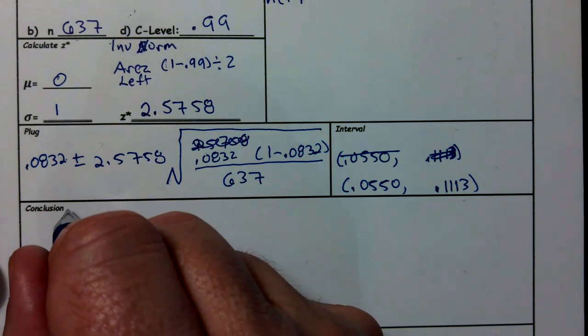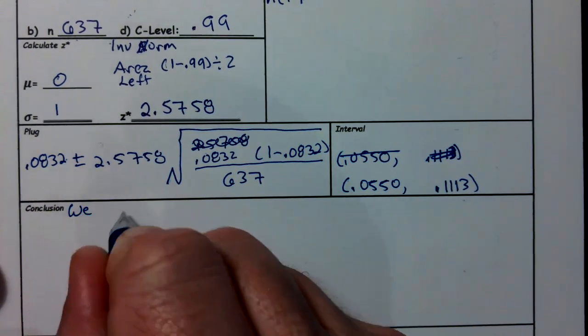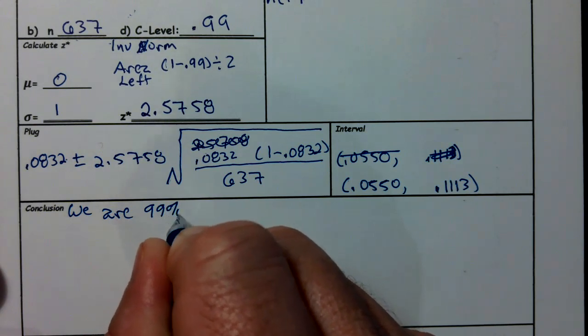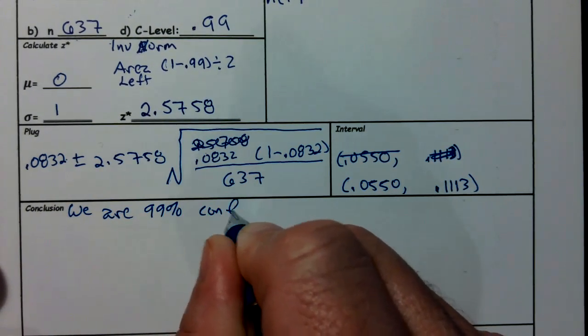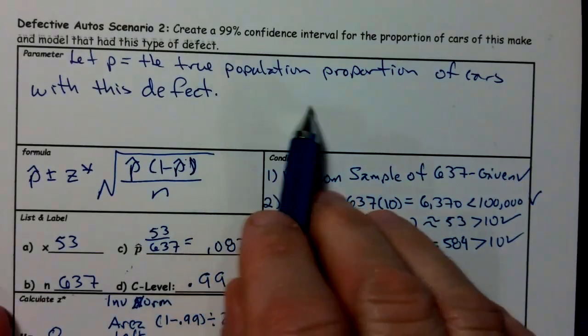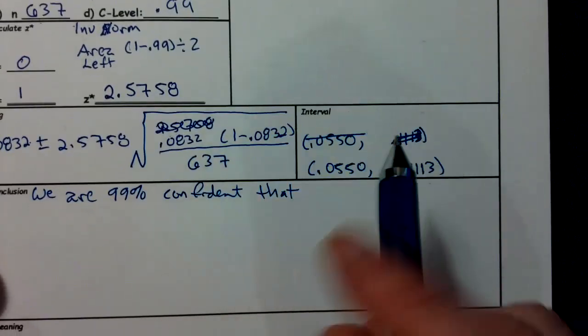So our conclusion, well, what are we? We are 99% confident that, well, what are we confident of? The true population proportion of cars that have the defect.